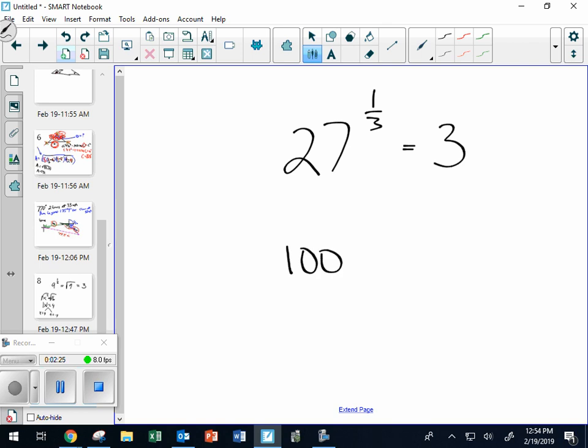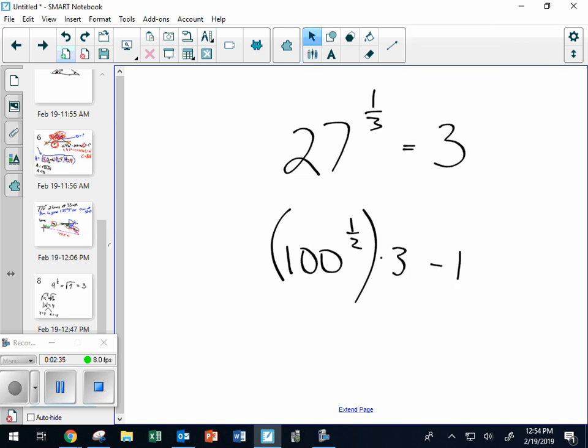100 to the 1/2 power. But then I want you to take that and times it by 3 and subtract 1. Oh, it's getting more intense. Really not that bad. I'm just trying to make you realize this can just be one little part of a big, complicated question. It's a good question.